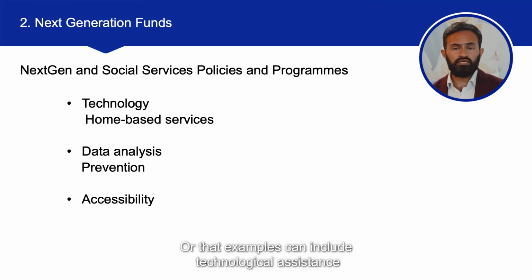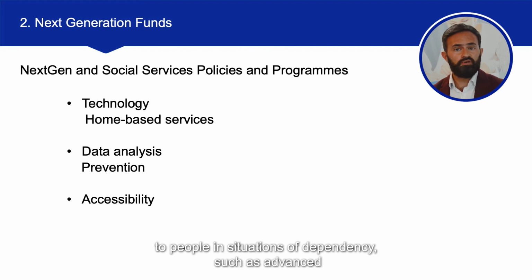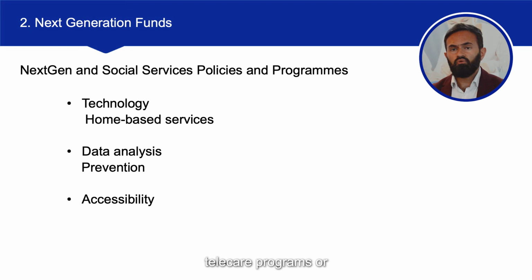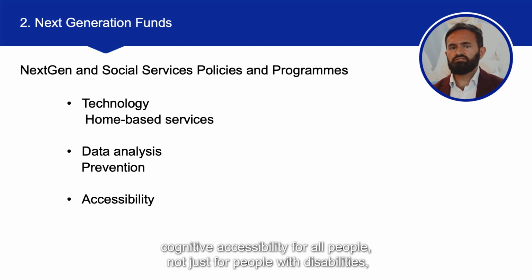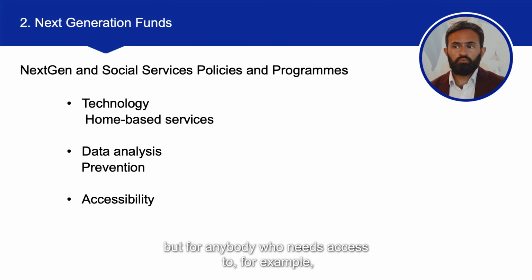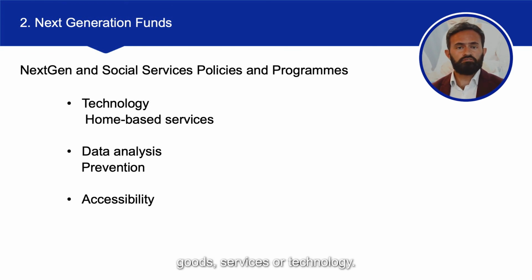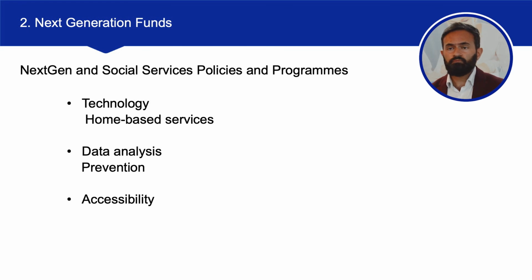Other examples can include technological assistance to people in situations of dependency, such as advanced telecare programs, or the idea of promoting accessibility, physical or cognitive accessibility for all people, not just for people with disabilities, but for anybody who needs access to, for example, goods, services or technology.